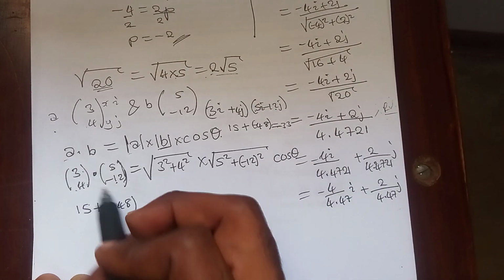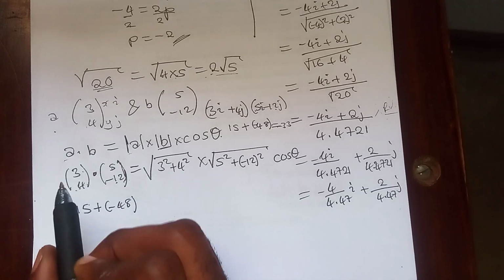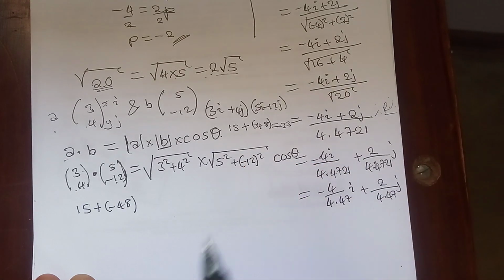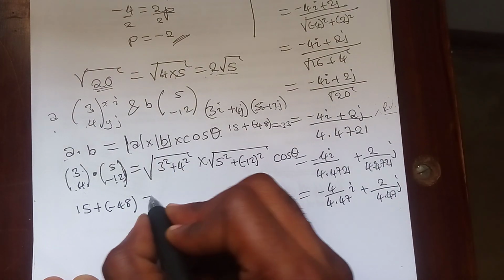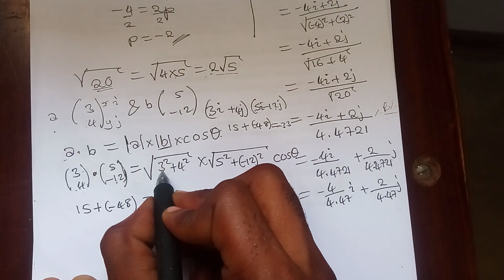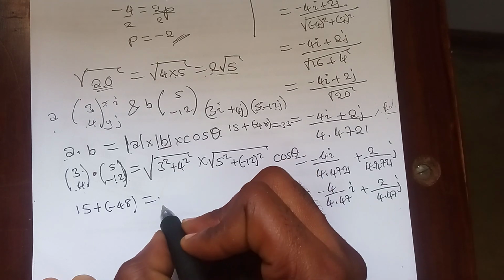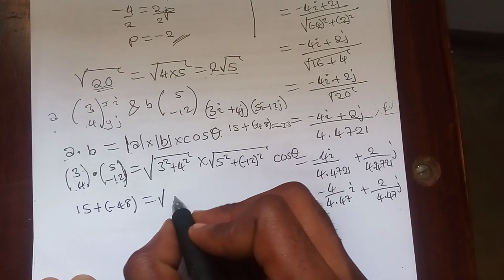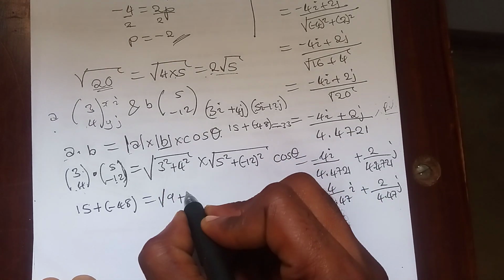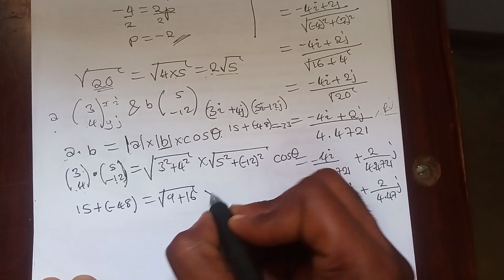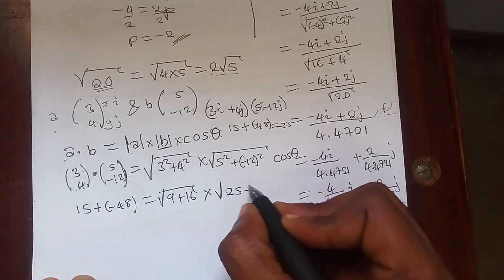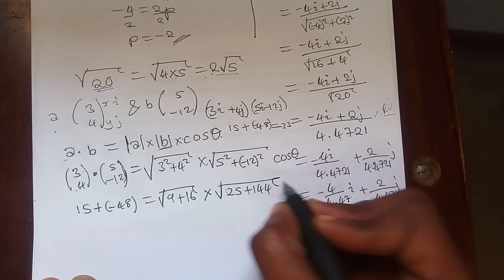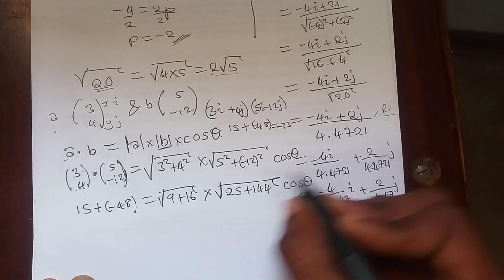You can either use column vectors, or you can use ij, but if you've been given one form, it's better to stick to the same thing you've been given. So 3 squared is 9, 4 squared is 16, together we have 25, multiplied by 5 squared is 25, 12 squared is 144, and then cos theta.